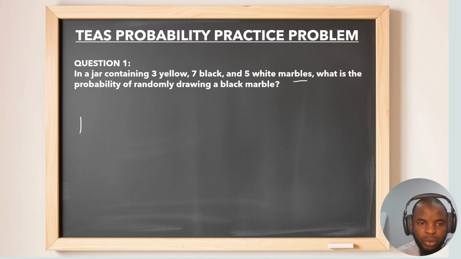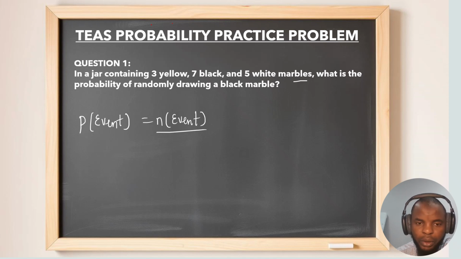First, I would like you to understand that the probability of any event equals the cardinality, or the number of that event, over the sample space, or let me put total. Once you know this rule, it is going to be easy for you.